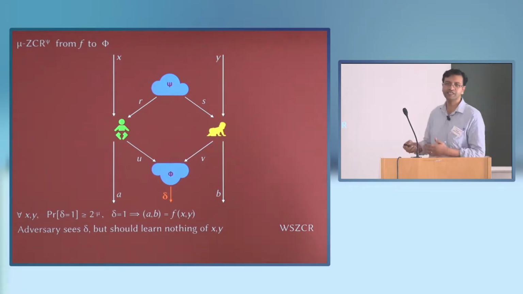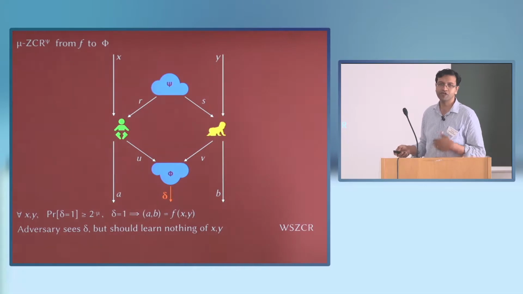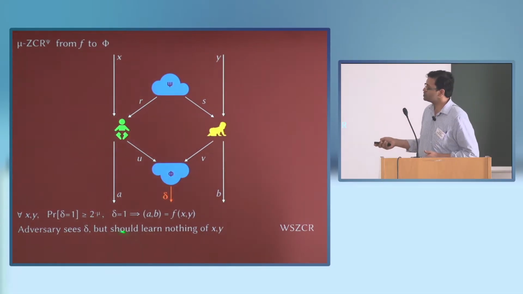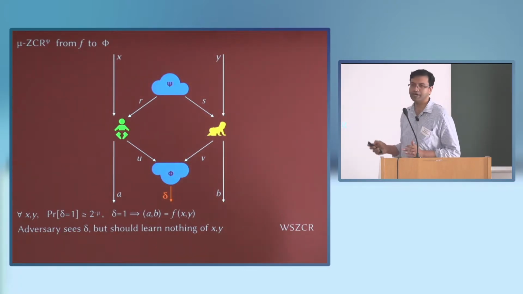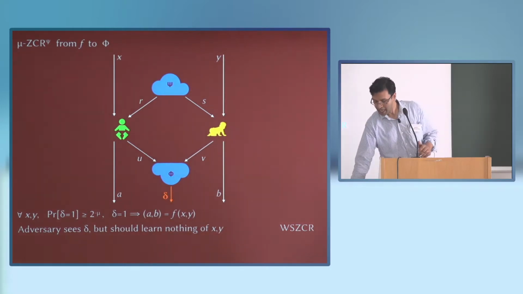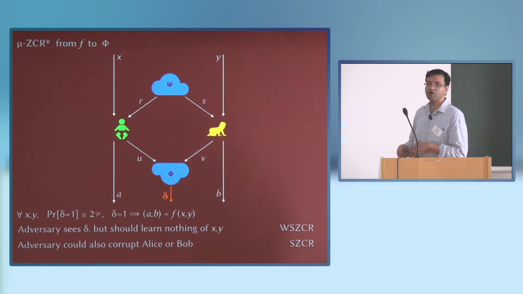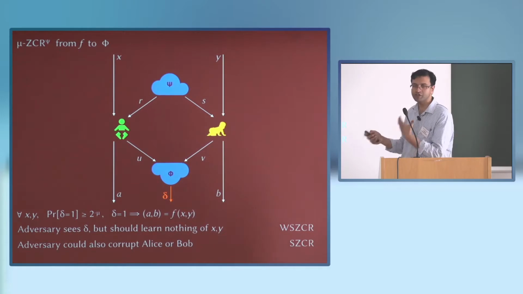The first one is a weakly secure ZCR. In the weakly secure version, you think of an adversary who just sees the predicate's outcome, whether it is accepted or not, and it should learn nothing. So the probability with which it returns 1 should be independent of x, y. That is a weak security. Does that make sense? The stronger notion of security is more along the lines of secure computation.